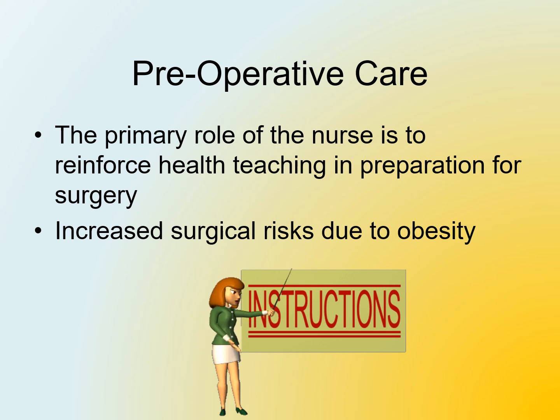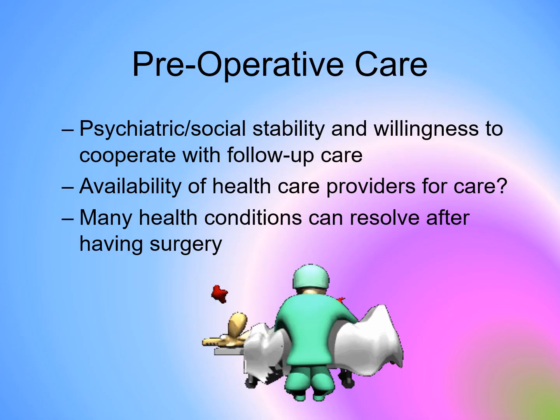So preoperatively, the primary role of the nurse is to reinforce health teaching and prep for surgery. Most of these people who have this type of surgery will go through some kind of psychological evaluation before they ever have the surgery. Anybody who's going through surgery has an increased risk of that surgery because they are obese. So keep that in mind as well.